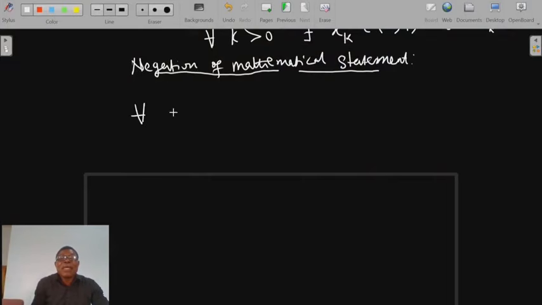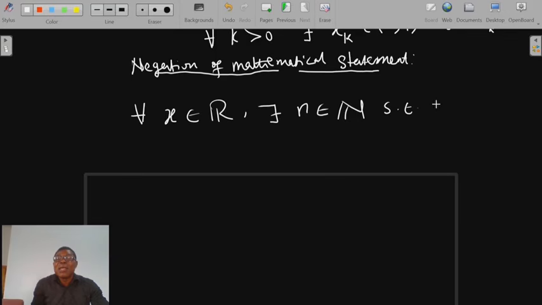Now, let us consider the following statement. For any x in R, there exists n in the set of natural numbers so that n is greater than x. Look at that statement.